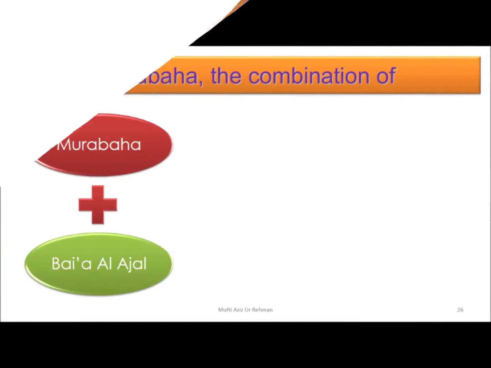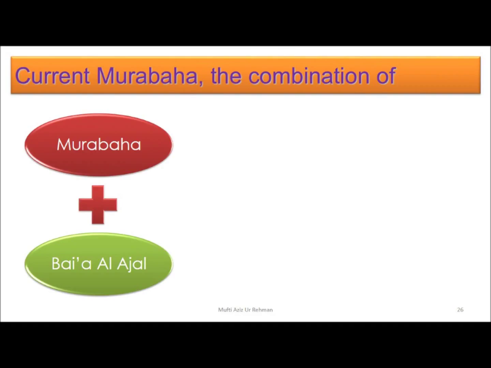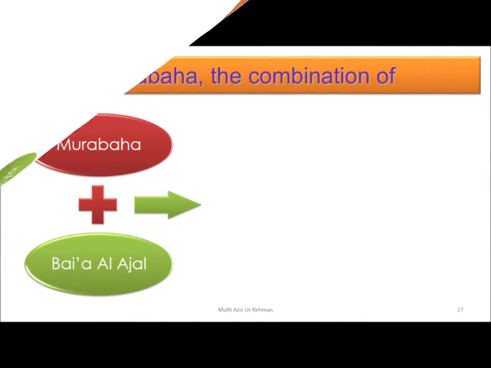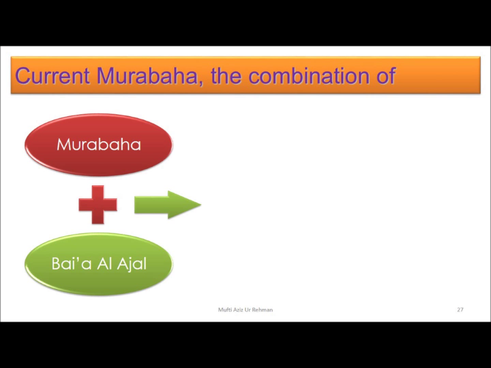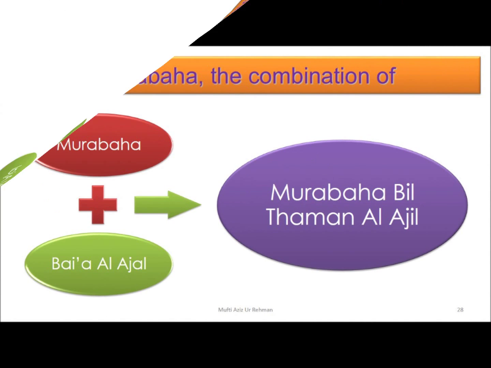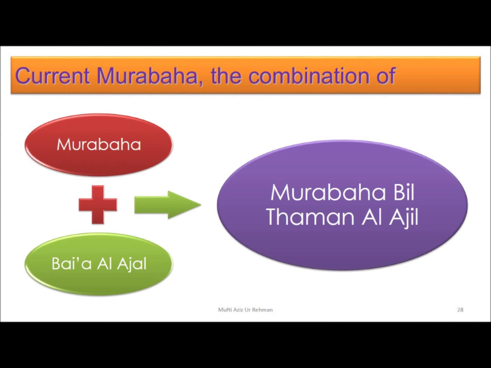Current Murabaha is the combination of Murabaha plus Bay' al-Ajal. Murabaha plus Bay' al-Ajal. And we name it Murabaha bil Thaman al-Ajil. In English, we can say Murabaha with deferred payment.